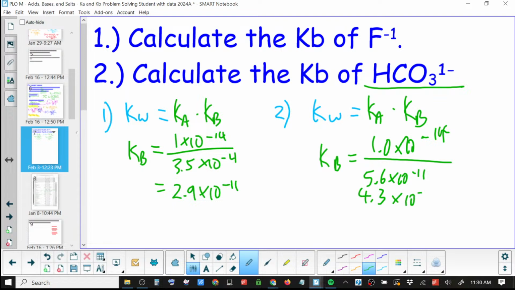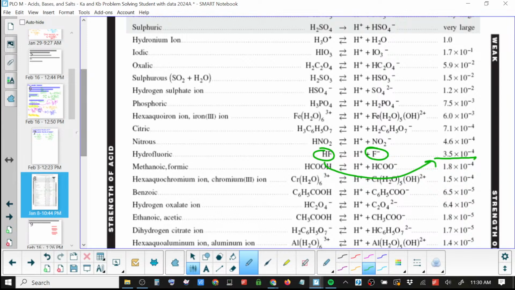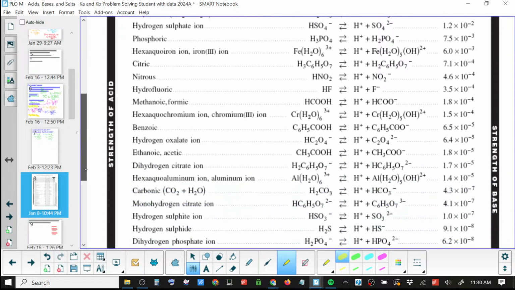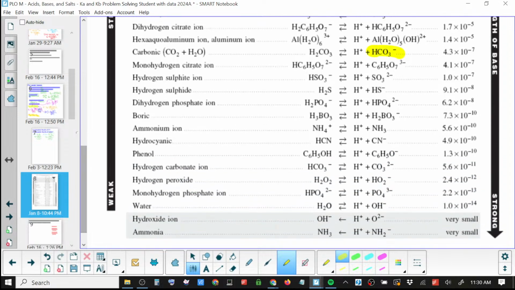Yeah. Okay. So now I'll show it, because we had those two. It's HCO3 minus. We can find HCO3 in a couple of places. If you want the acid, then we use the acid. HCO3, almost at the bottom, minus 7. There we go. So we have it here, and we have it here.